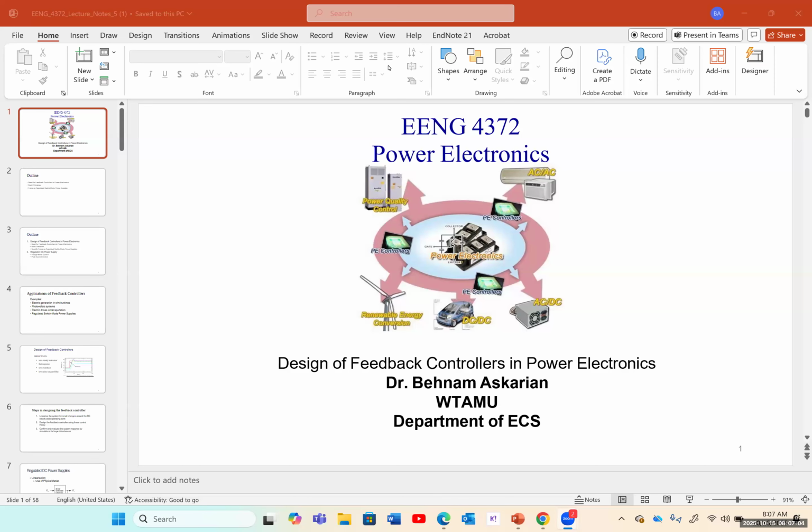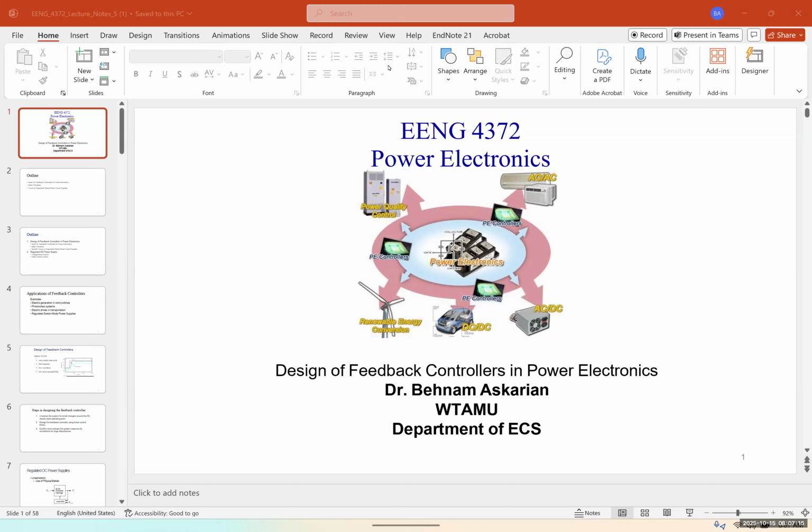In the previous class, we finished the buck boost and buck boost converter chapter, and we also discussed the continuous conduction mode and the discontinuous conduction mode, and the critical point, the critical current, the critical inductance for the continuous conduction mode and the discontinuous conduction mode.